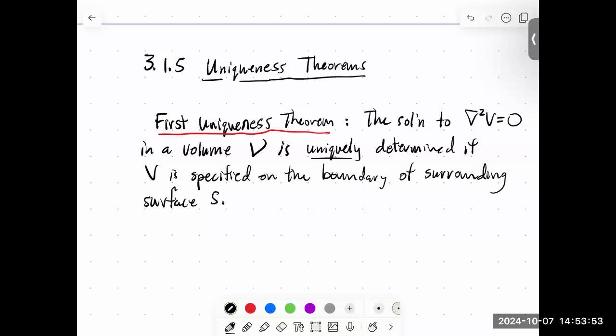So in other words, there's only one solution for V that satisfies Laplace's equation and the boundary conditions.